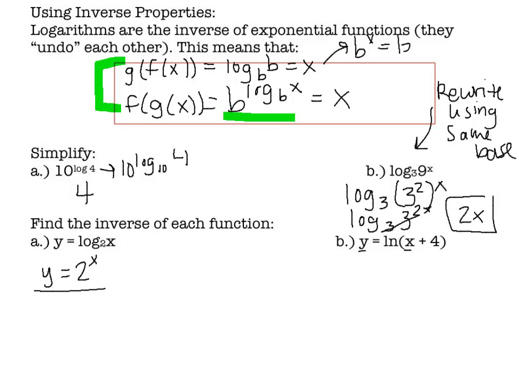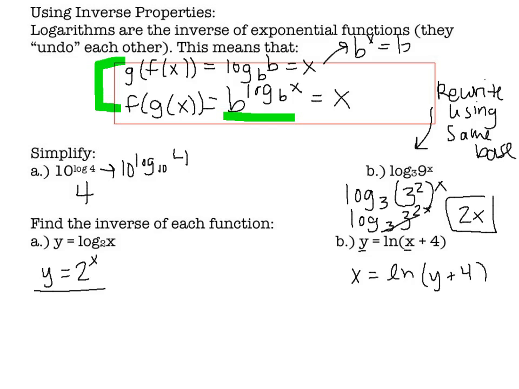So instead of y is equal to this, I had x is equal to natural log y plus 4, and then we solved for y. And next I want to take this natural logarithm and write it in exponential form. And so the inverse of these natural log functions are e functions.